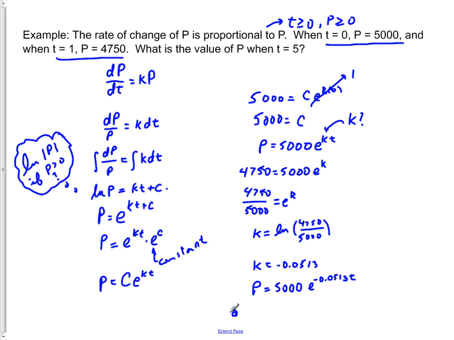If we substitute in at t equals 5, it's just a straightforward substitution. I put that into my calculator, and I found that p was equal to 3,868.9. Now, you should put this into your own calculator and verify that that is in fact the case, but that's what we were after, and so now we're done with that example.